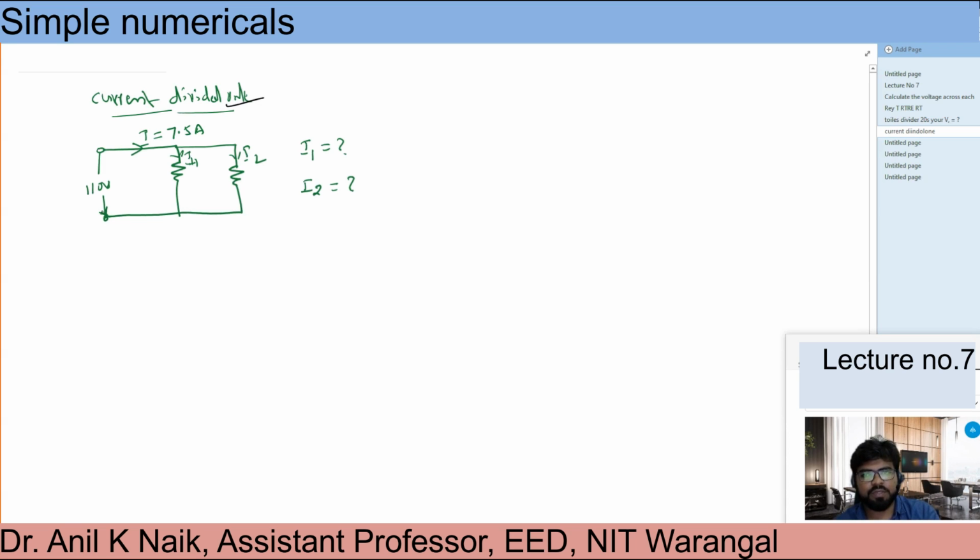I will first find I1 and I2 using general concepts. Whatever voltage is supplied to this circuit is in parallel with these two resistors, so the 110 volts is the same across both, because they are connected in parallel. So I can write 110 volts and 110 volts across R1 and R2.